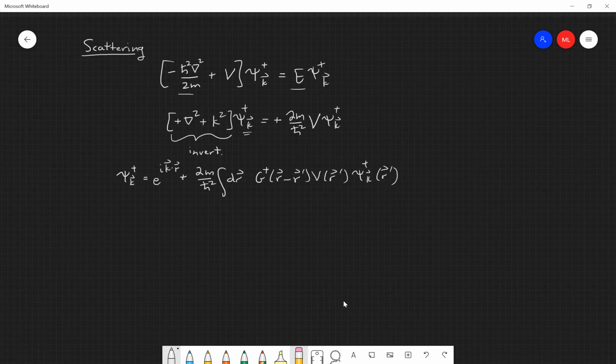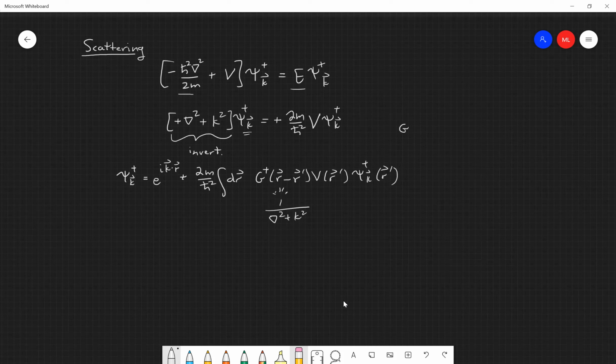But it's not really any different from the Schrodinger equation. You just invert the Schrodinger equation and use the Green's function. This is equal to, in position representation, the inverse of this operator, using the appropriate boundary condition that you have an outgoing spherical wave.